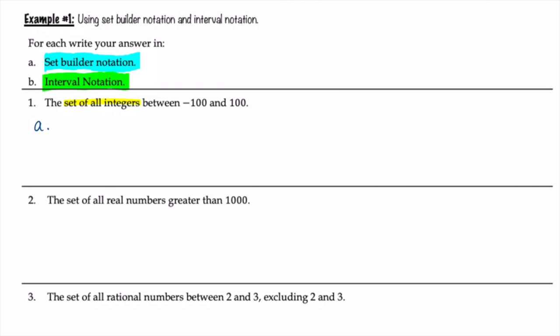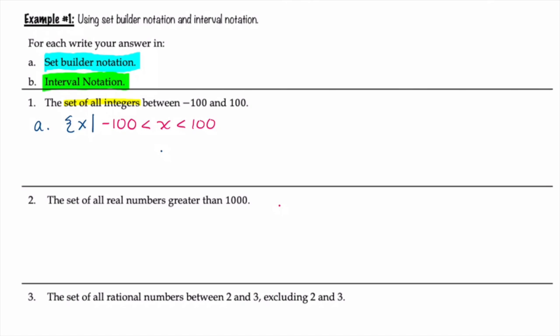Using set builder notation, what we are going to do is start off by inputting our curly brace. We're going to say X such that we are going to input the inequality. So we have -100 less than X less than 100. Those are all the numbers between -100 and 100.